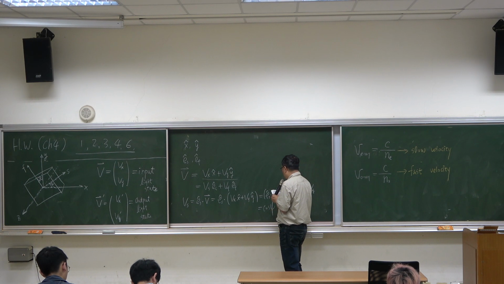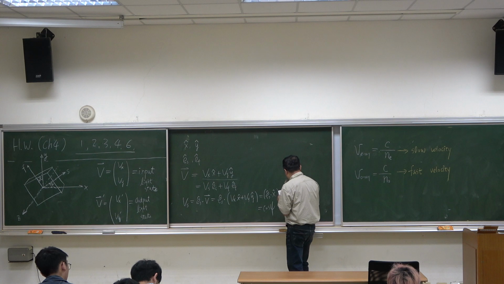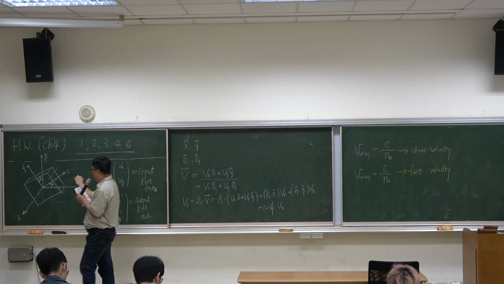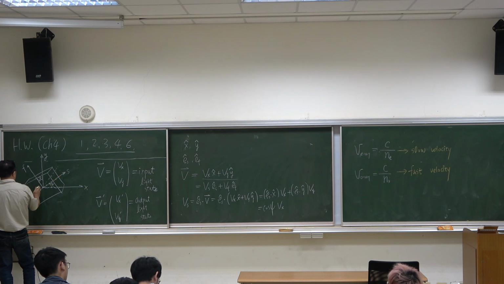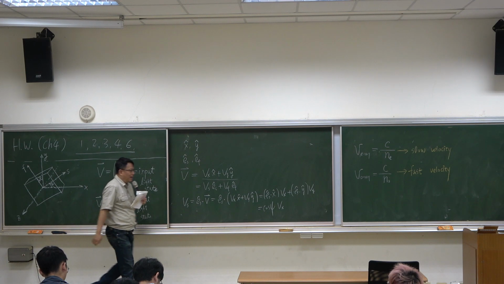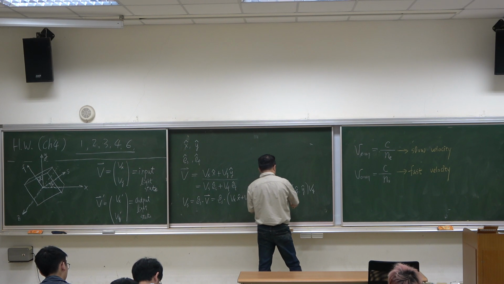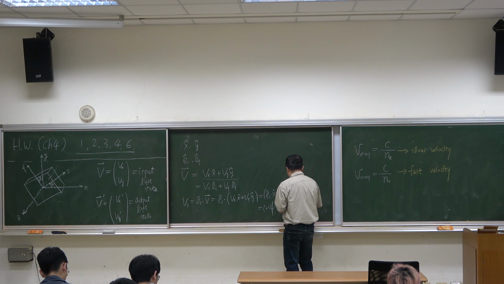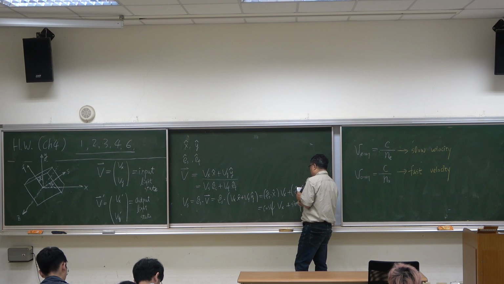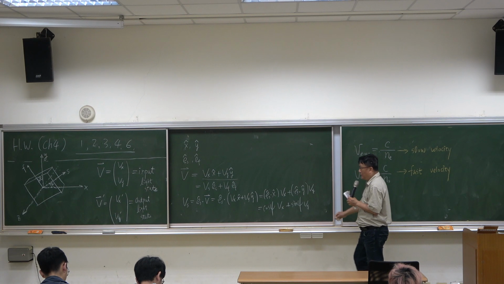So we have cosine psi times Vx plus, the angle between Es and y is half pi minus psi, so this inner product gives us sine psi Vy. Okay.